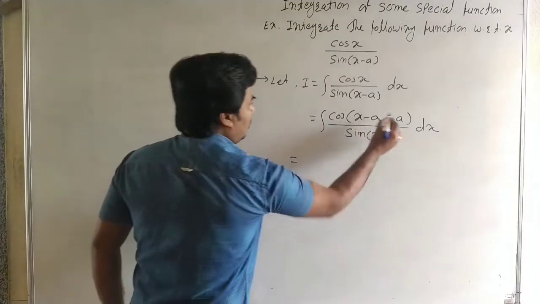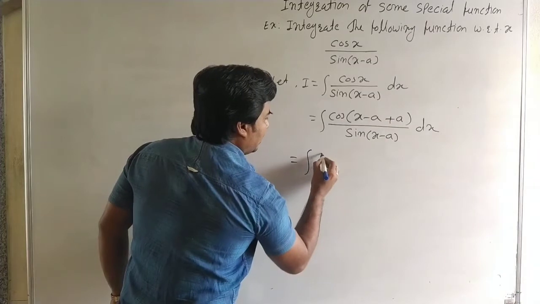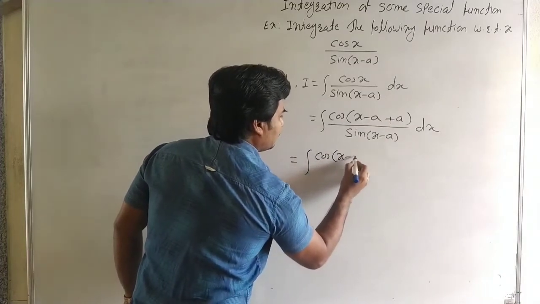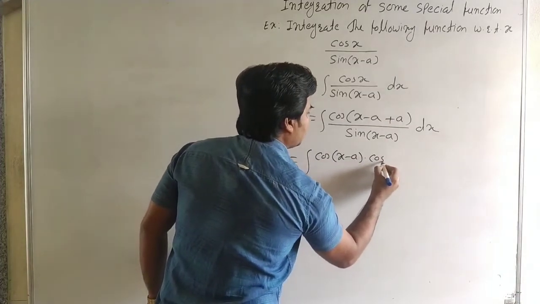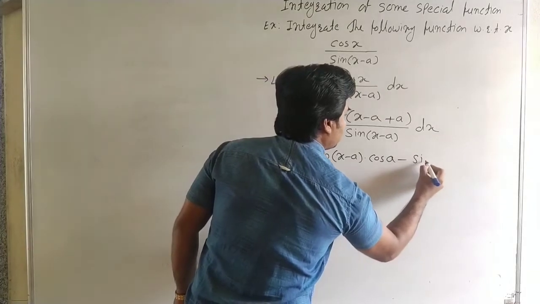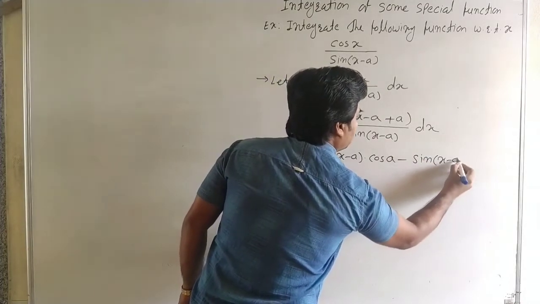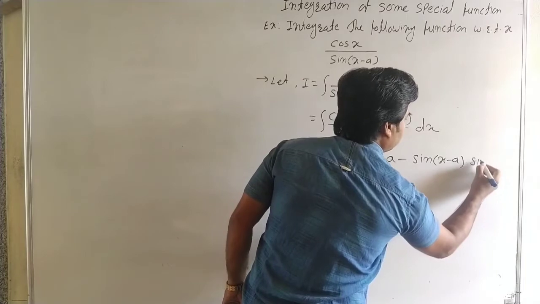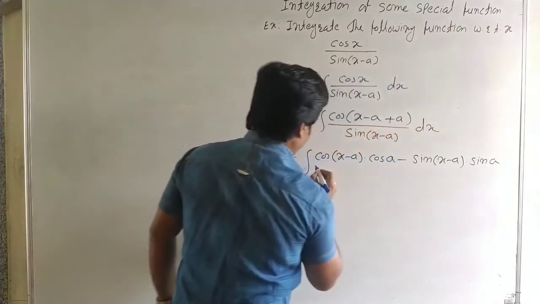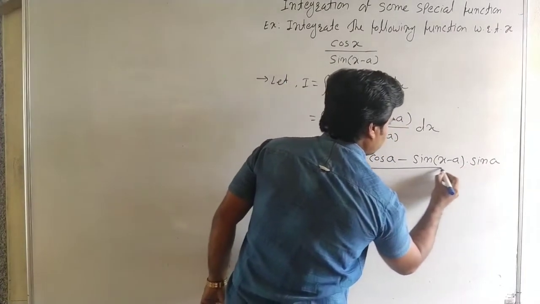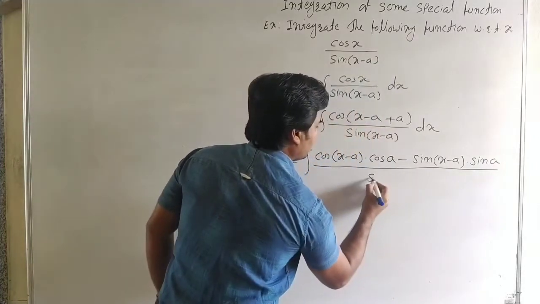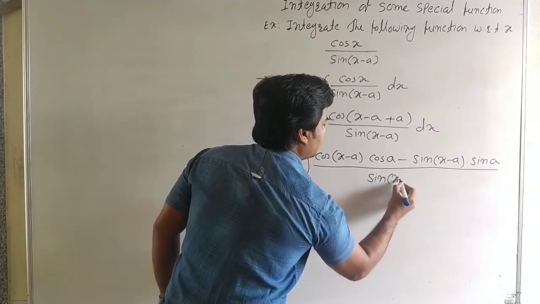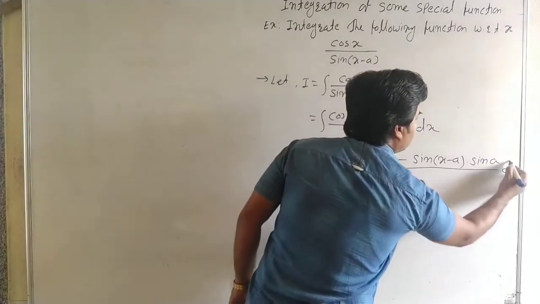So it is cos a into cos b minus sin a into sin b, whole upon sin x minus a with respect to x.